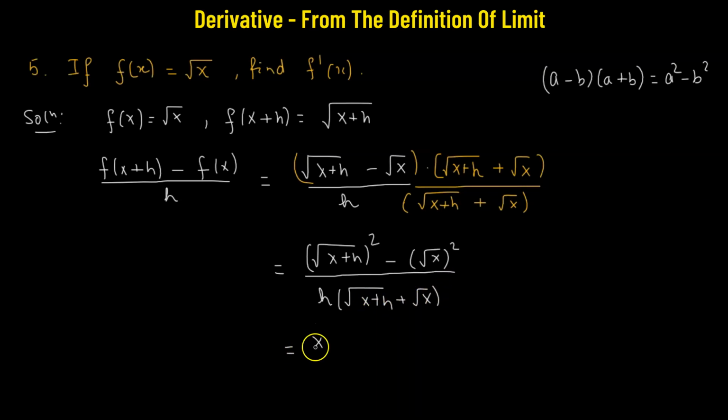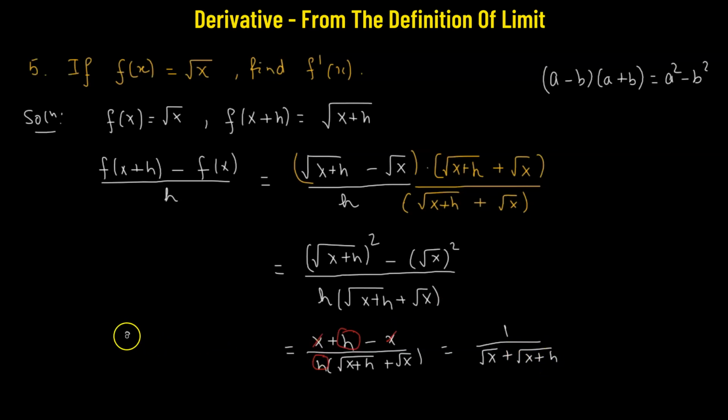So this will be x plus h minus x, the whole divided by h times square root of x plus h plus square root of x. A few of the terms will get cancelled out. In the numerator, x and minus x cancel out, and also this h and this h go away, and this is going to leave us with 1 over square root of x plus square root of x plus h.